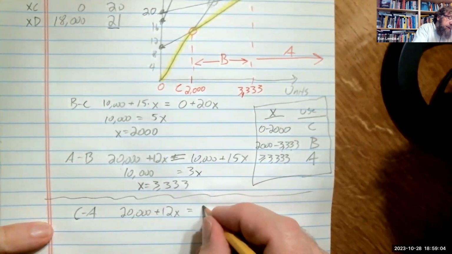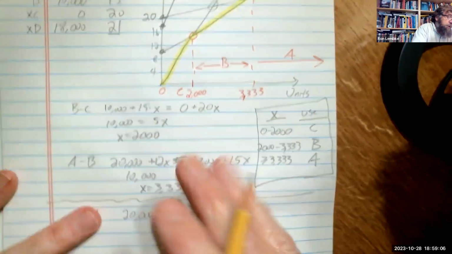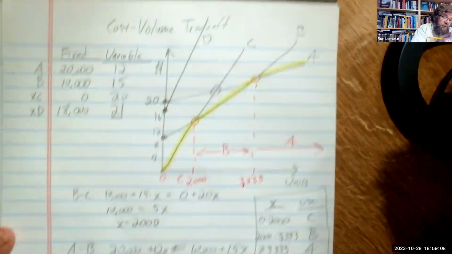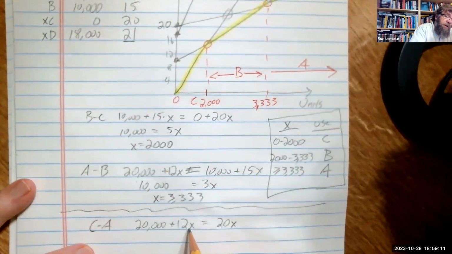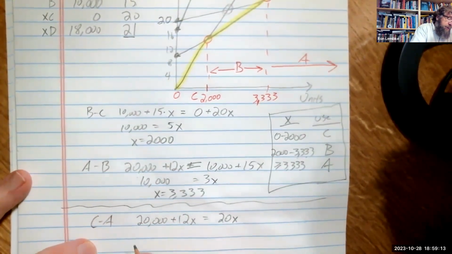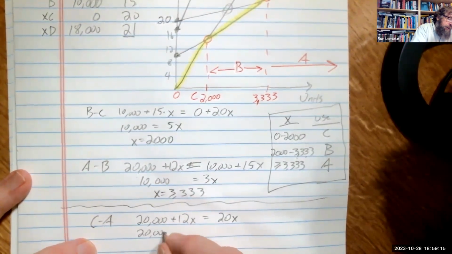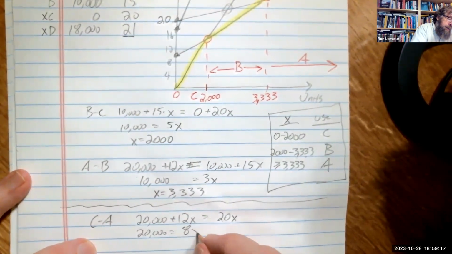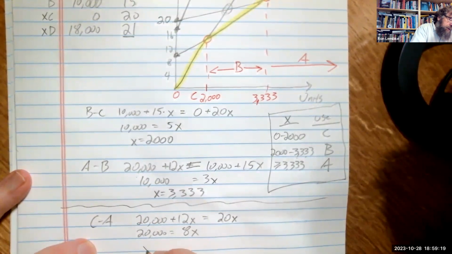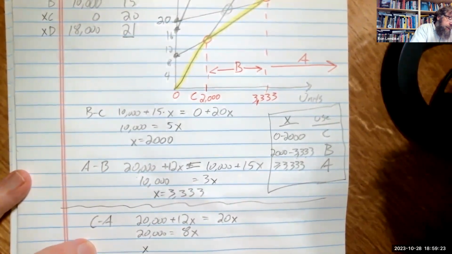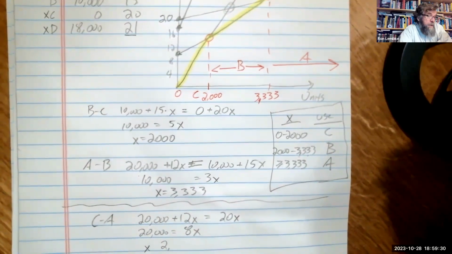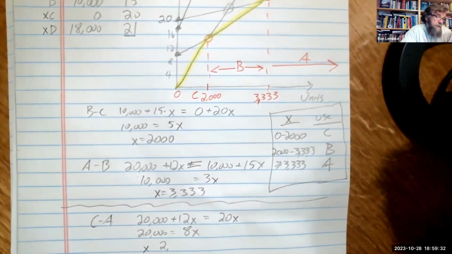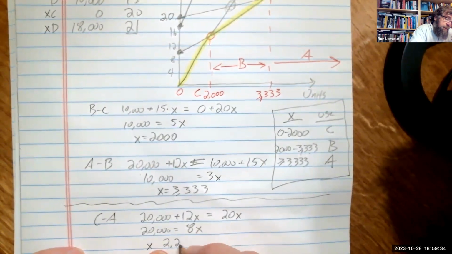And C has no upfront cost, it just has a cost of $20 a piece. So if I subtract 12X off of both sides, I have 20,000 equals 8X. So X is... Okay, I need a calculator here. 2,250.